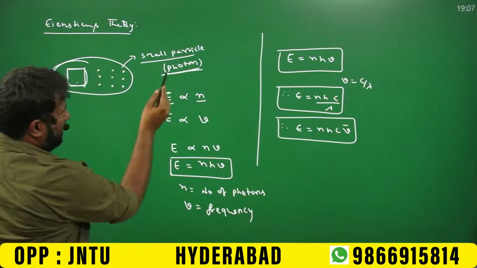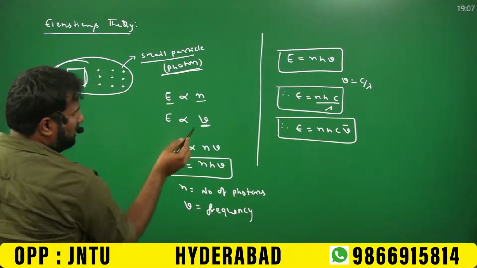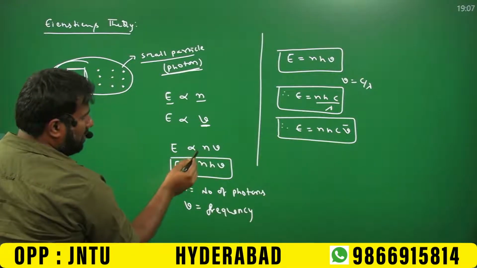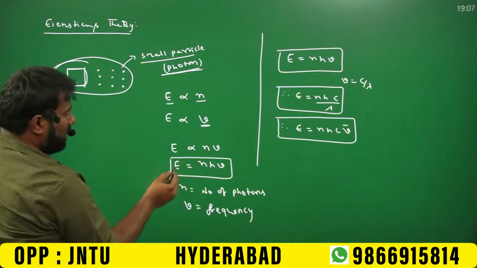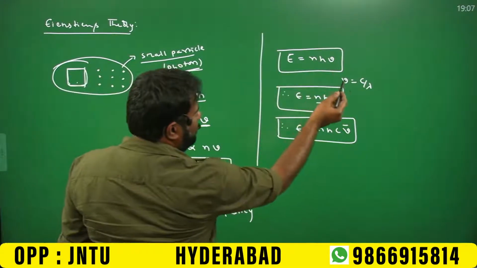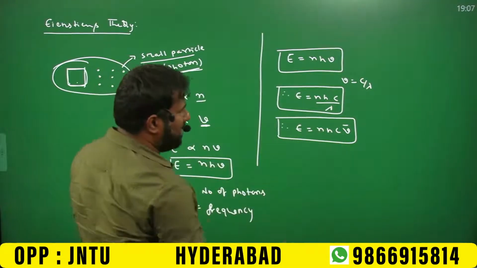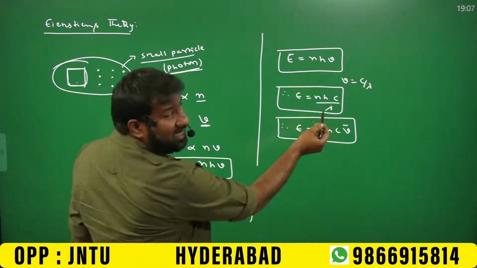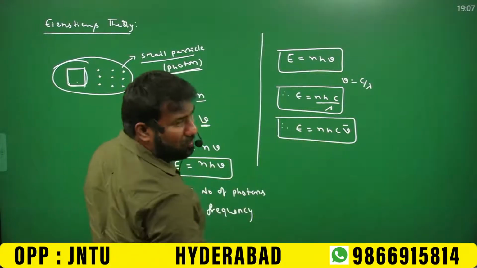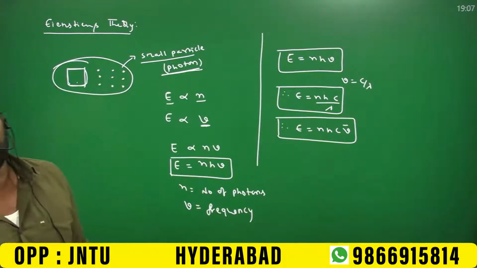The energy of the light is directly proportional to the number of photons, and to the frequency of each photon. So E is proportional to n nu. To remove the proportionality we use the constant: E equal to nh nu. We know c equal to nu lambda, so nu equal to c by lambda. Then E equal to nhc by lambda. As 1 by lambda equal to nu bar, E equal to nhc nu bar.